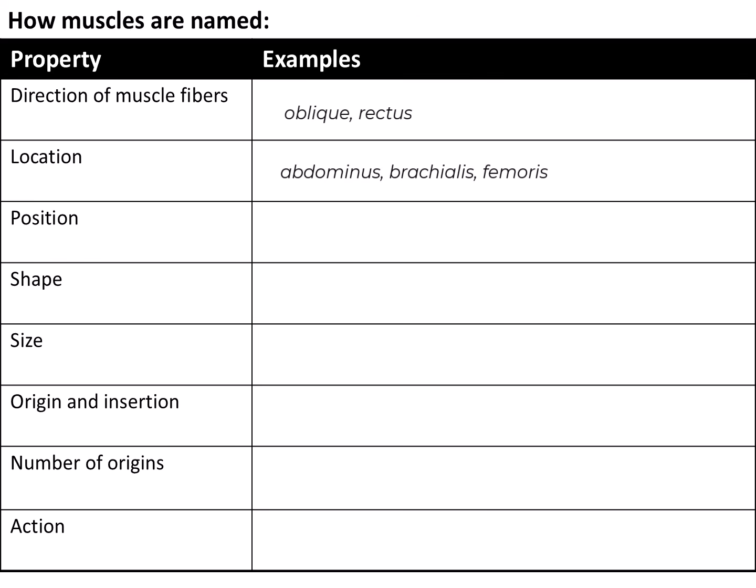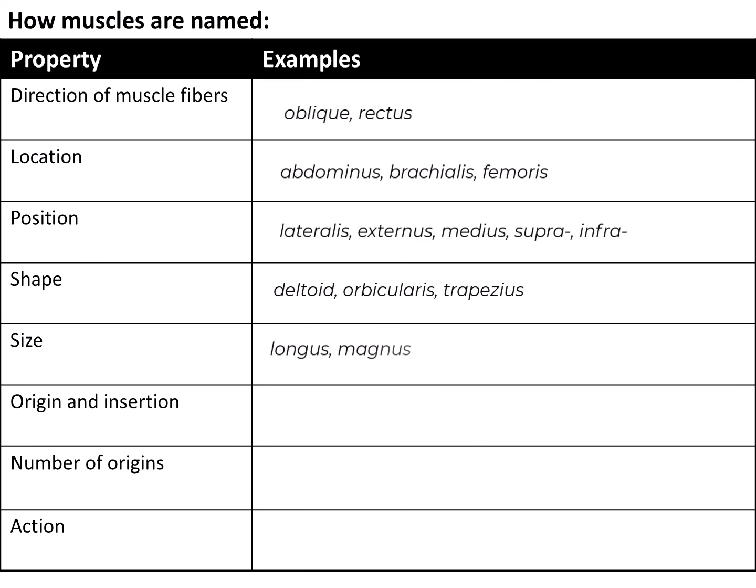Muscles named by position include lateralis for the lateral side of the body, or externus toward the outside of the body. Muscles named based on their shape include deltoid for triangle, orbicularis for circle, and trapezius for trapezoid. Muscles named based on size include magnus for big and longus for long.